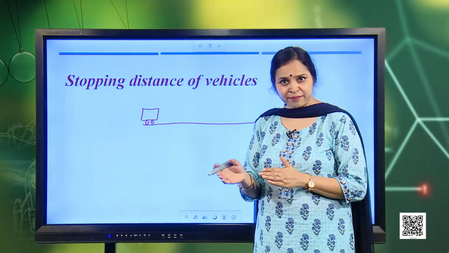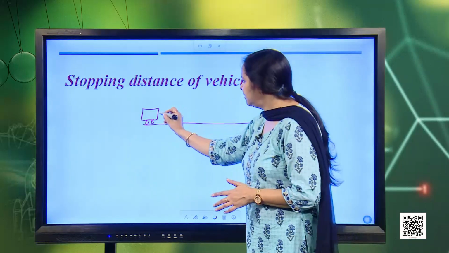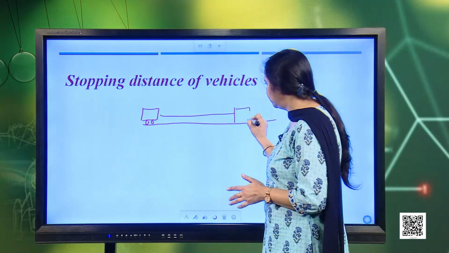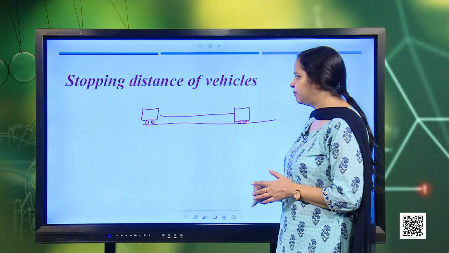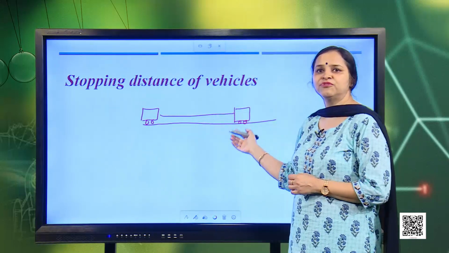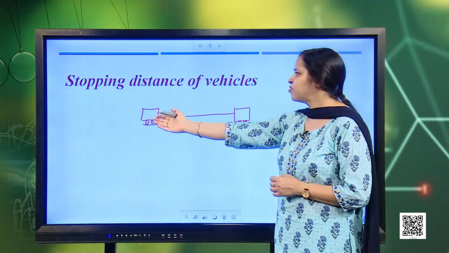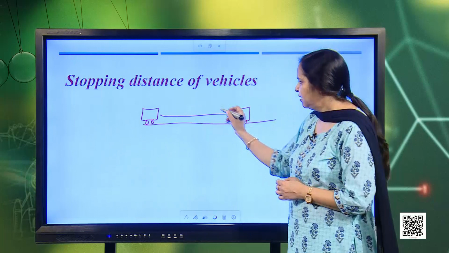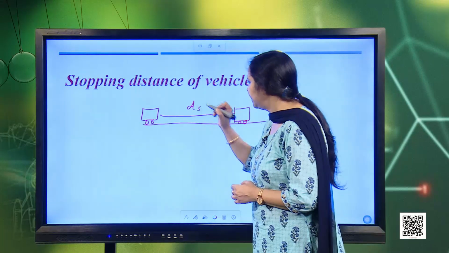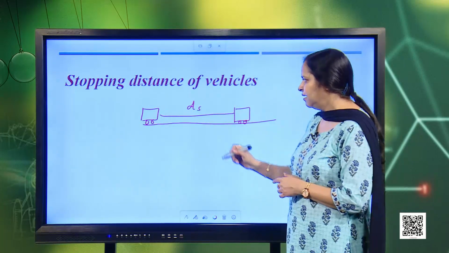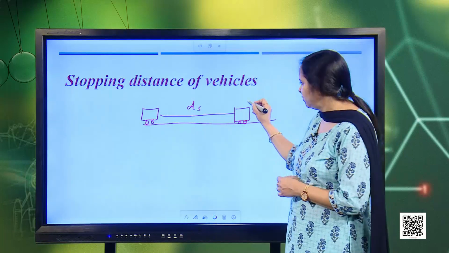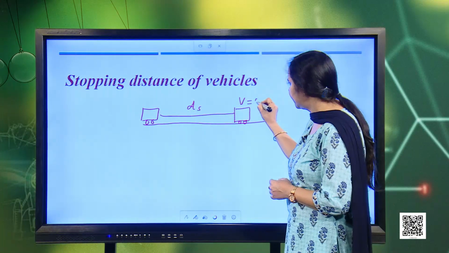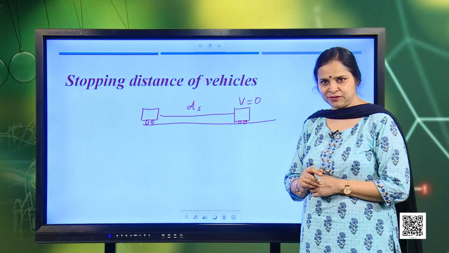It takes some time. It travels some distance. So the distance traveled by the vehicle before it comes to rest is called the stopping distance of the vehicle. Let us denote the distance by d with the suffix s here. And when the vehicle stops, the final velocity is 0.